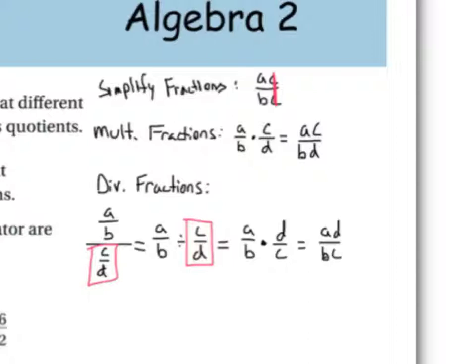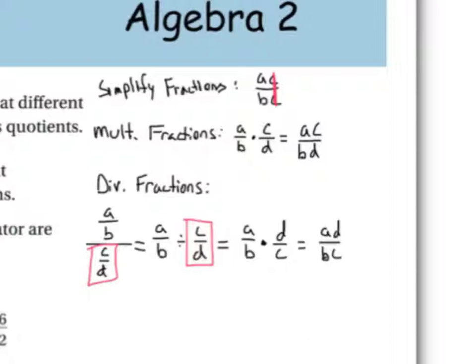Multiplying fractions, you multiply straight across the top, so you multiply the numerators together. And you multiply straight across the bottom, so you multiply the denominators together. That is how we multiply fractions. And then lastly, we are dividing fractions, and the key on dividing fractions is that we don't do it. You don't divide fractions.